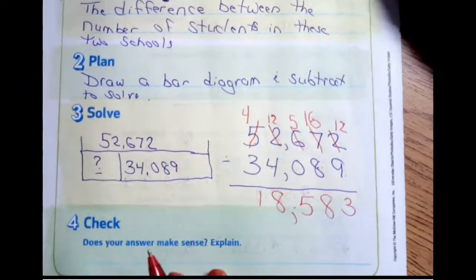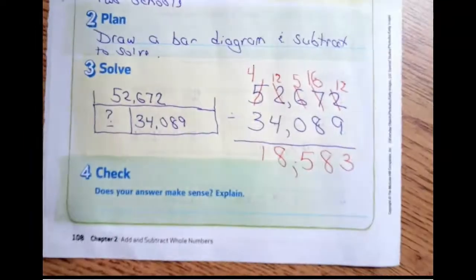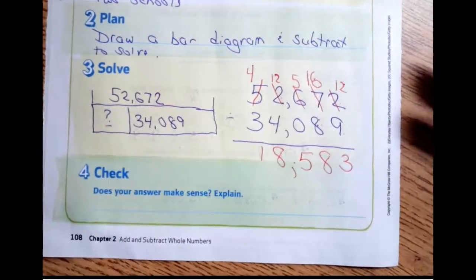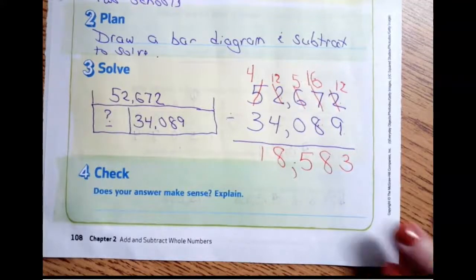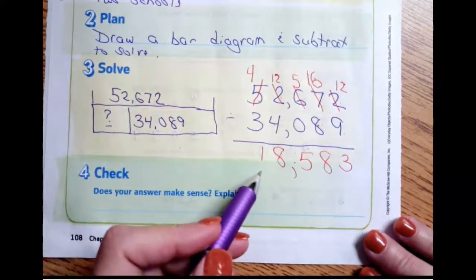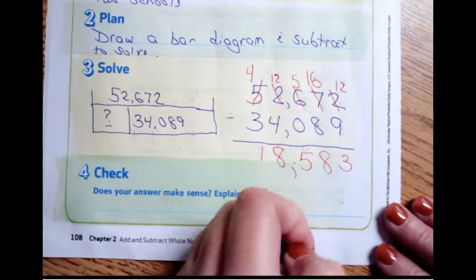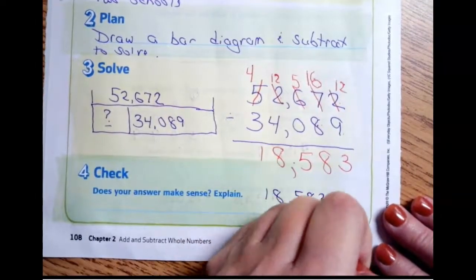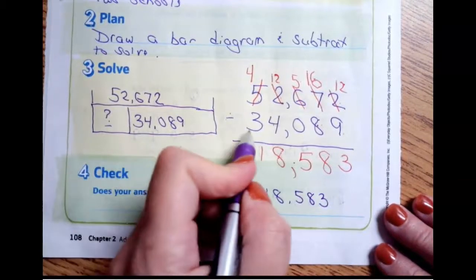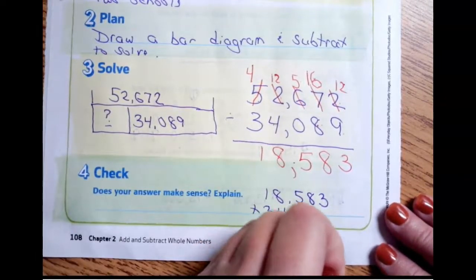Okay, well, how do we check that? What are we going to do to check it? Well, I know that the opposite of subtraction is addition. So maybe I'm going to check it this way by doing the reverse operation. I'm going to take 18,583 and I'm going to add it to what I had already subtracted out, 34,089.